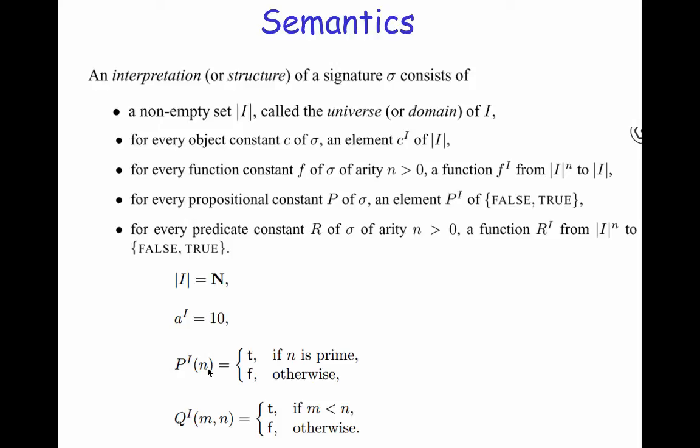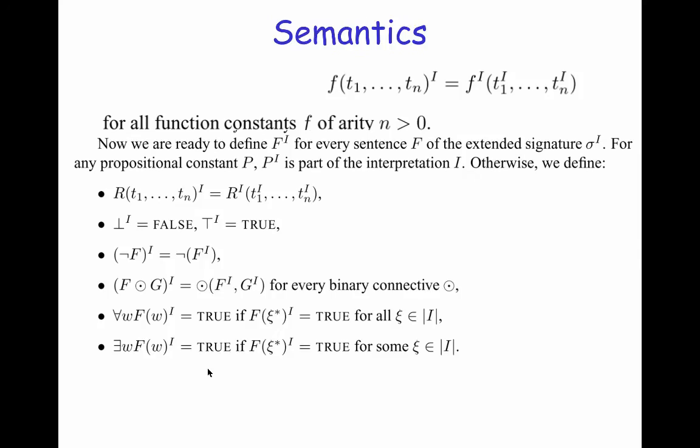However, that is not intuitive. Exists X, P of X means that there is a prime number in the set of natural numbers, right? In order to do that, we have to use this extended signature. So when you say exists X, P of X, this is true if F of, say, m is true for some m in the universe.